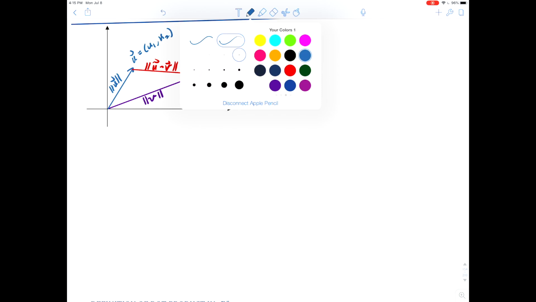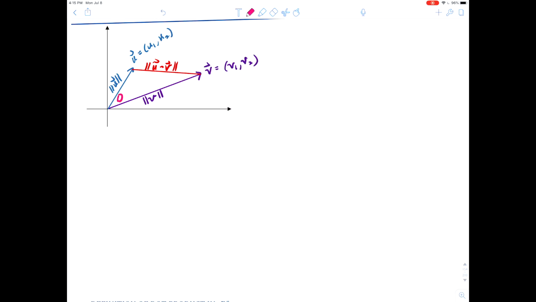And now let's work at finding out a couple of things. We're going to look at finding the angle between these vectors u and v. So to come up with our next idea, we need to look at the law of cosines. So let's see what we've got. I'm going to make a triangle that looks something like what we have.